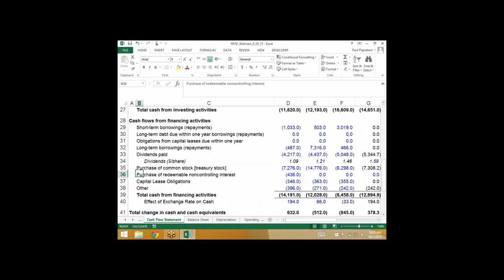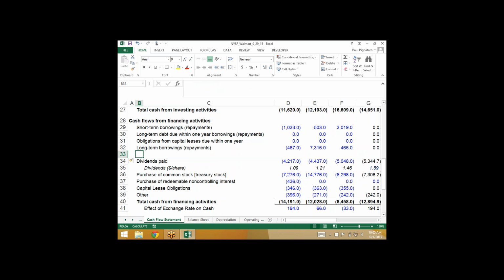There's a line where? Purchase. Nope. For issuance of stock? I don't see anything for issuance of stock. Let's make one. So I'll do it right above line 33. You can do shift space to highlight the whole row, then control shift plus. And I'll call it issuance of common stock.